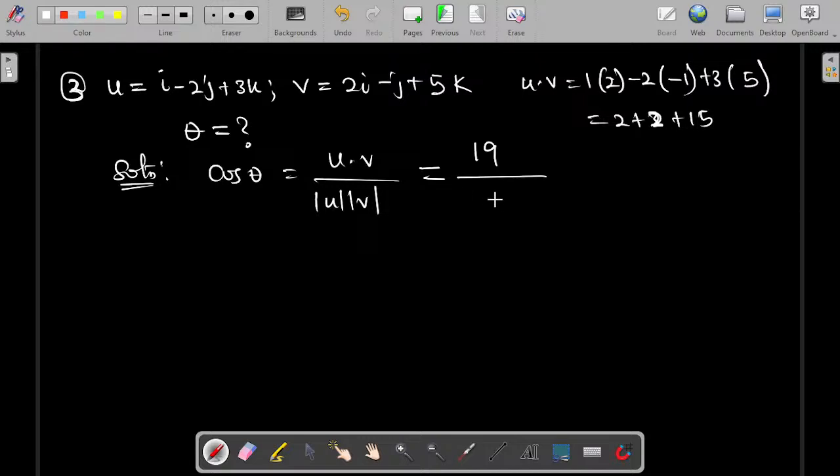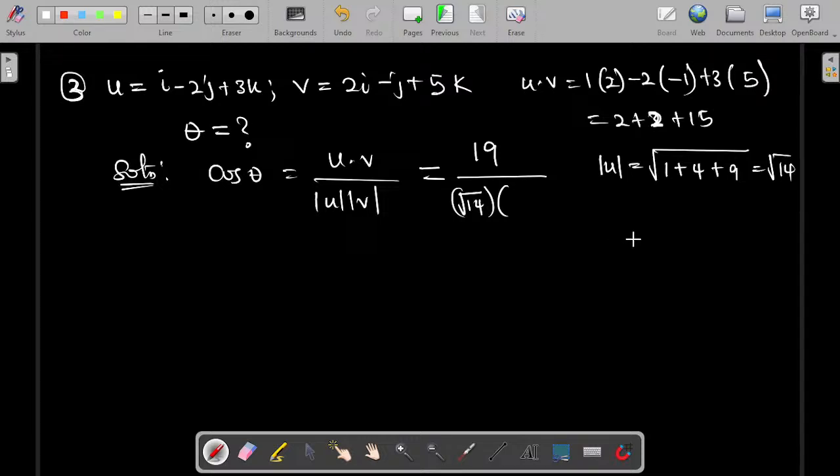So what did we get as magnitude of u? That's the square root of 1 squared, which is 1, plus minus 2 squared, which is 4, plus 3 squared, which is 9. That's square root of 14, times v.